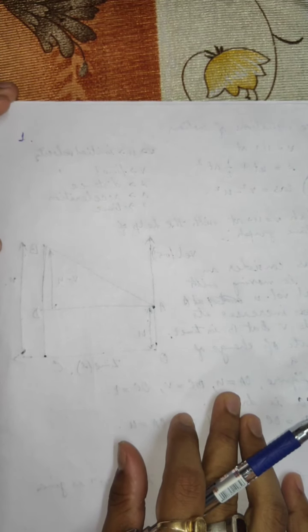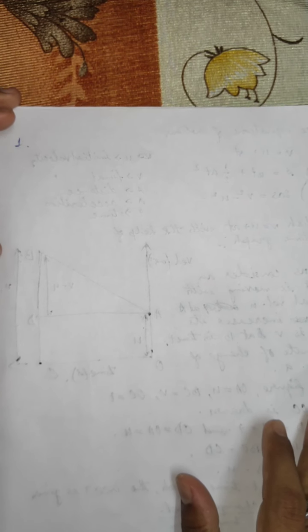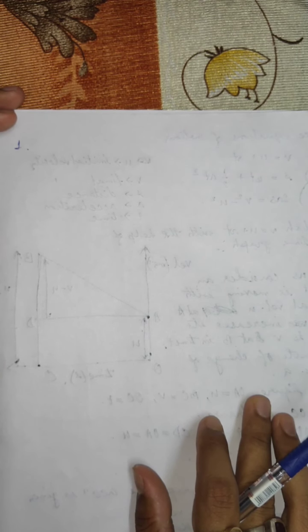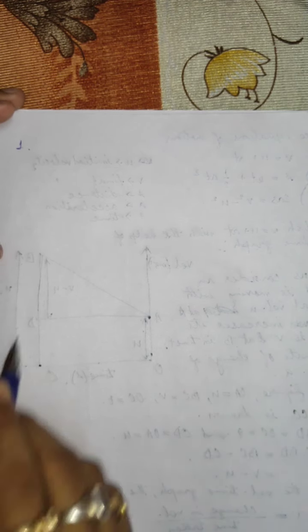Now on page number 109 you can see this question I am doing. A bus starts from rest and moves with uniform acceleration 0.1 meter per second square for 2 minutes. Find A, the speed acquired, and B, the distance traveled.